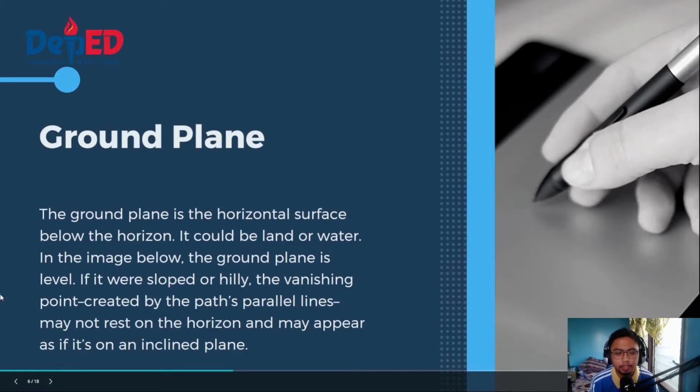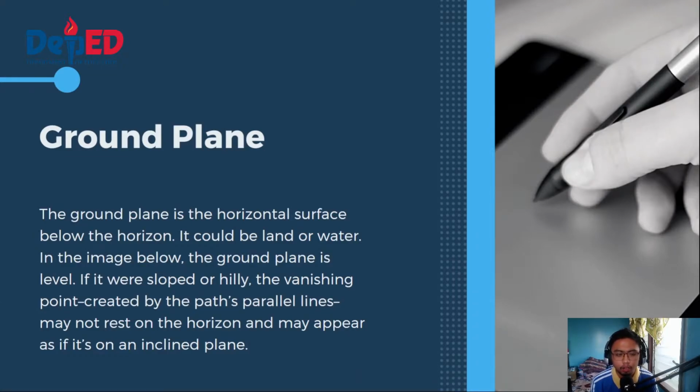Ground plane. The ground plane is a horizontal surface below the horizon. It could be land or water. You will see later that the ground plane basically is the ground or the water itself.